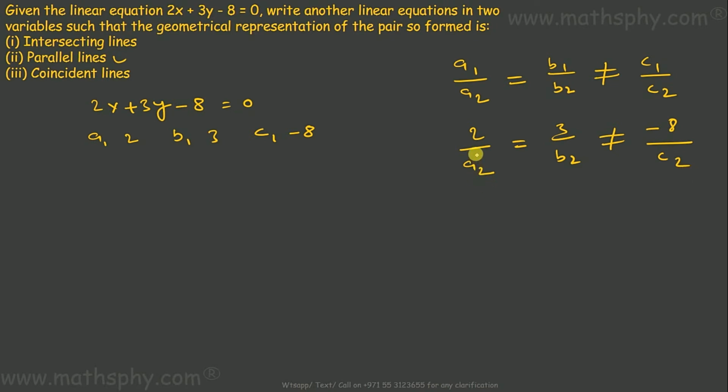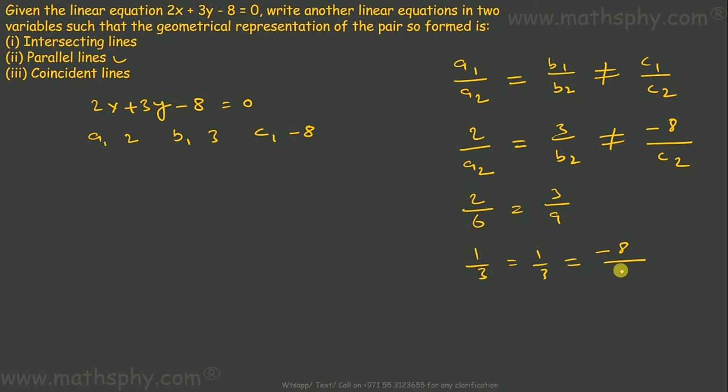Now, to equate 2 over a2 equal to 3 over b2, if I write 2 over 6 and this I write 3 over 9, this will give me 1 over 3 equal to 1 over 3. So a1 over a2 is equal to b1 over b2. To make it not equal to c1 over c2, I have c1 is negative 8.